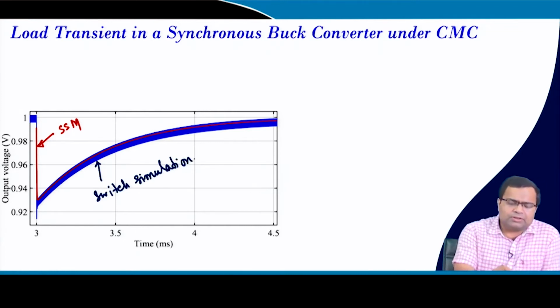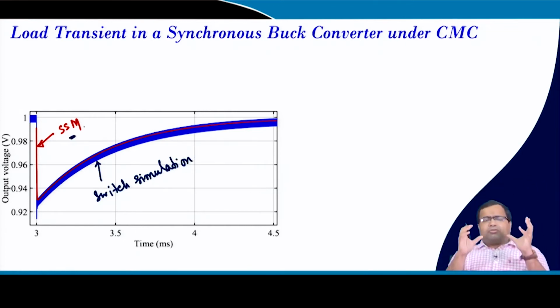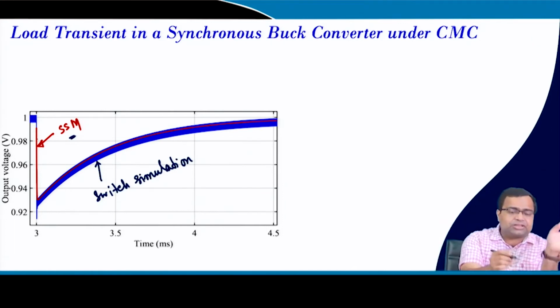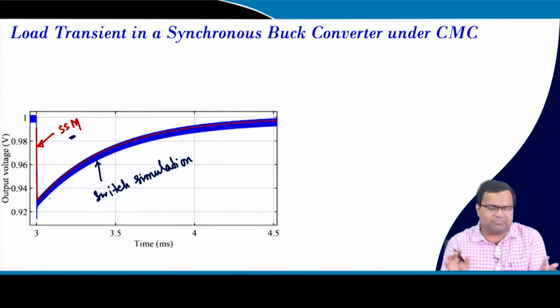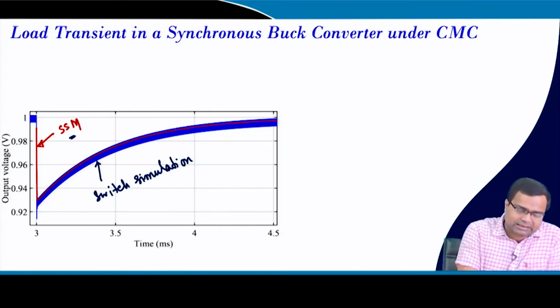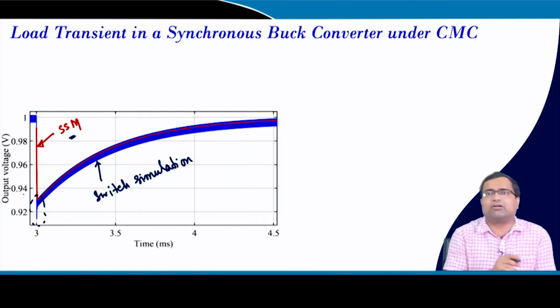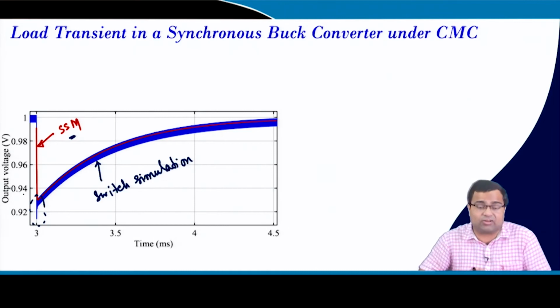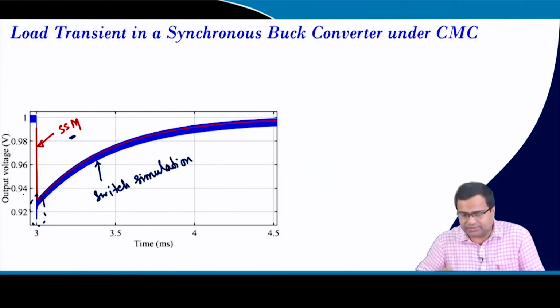And I will show you this small signal model under current mode control is very simple, it is just a first order model, but it reasonably captures the behavior. Except for this portion which it cannot capture, otherwise it is fine. It is capturing the closed loop behavior of the converter, both linear model and switch simulation.